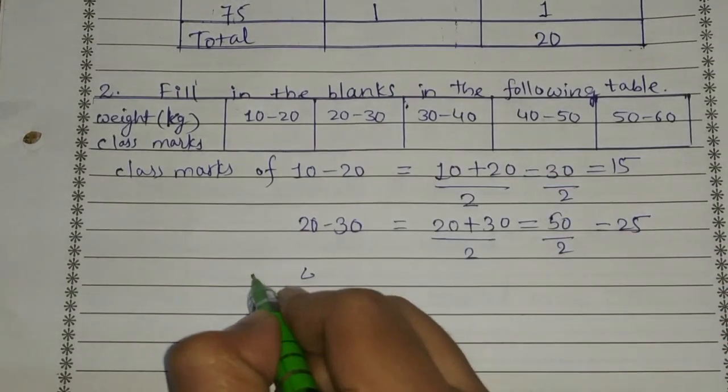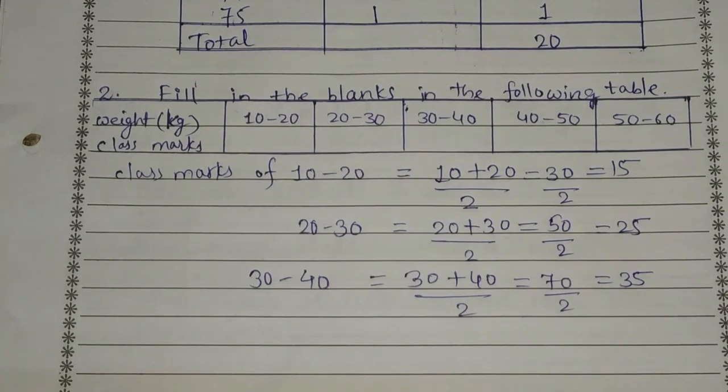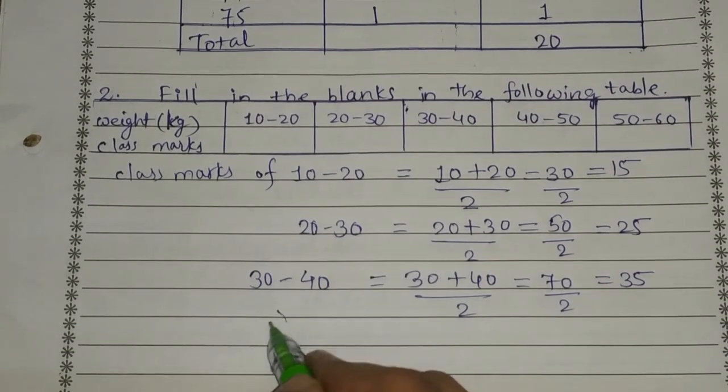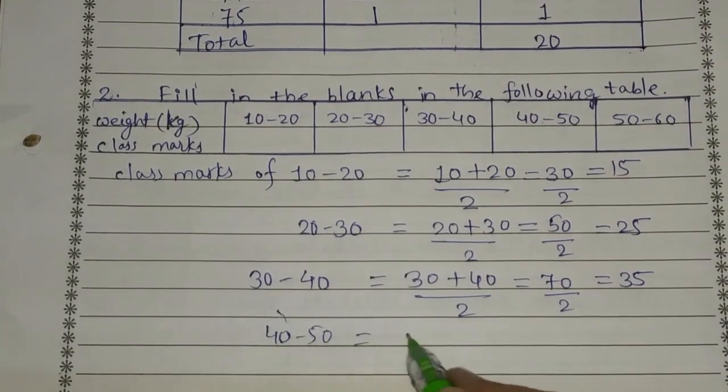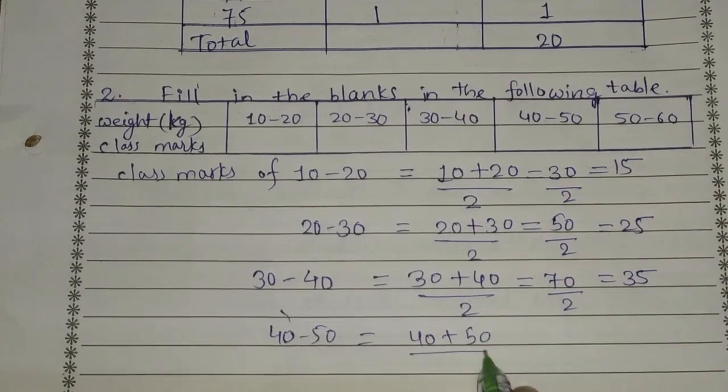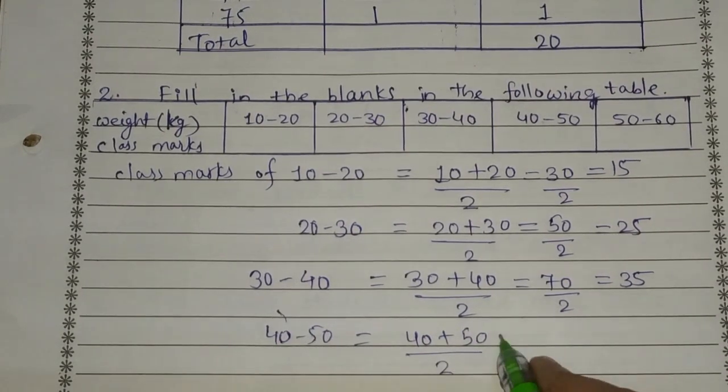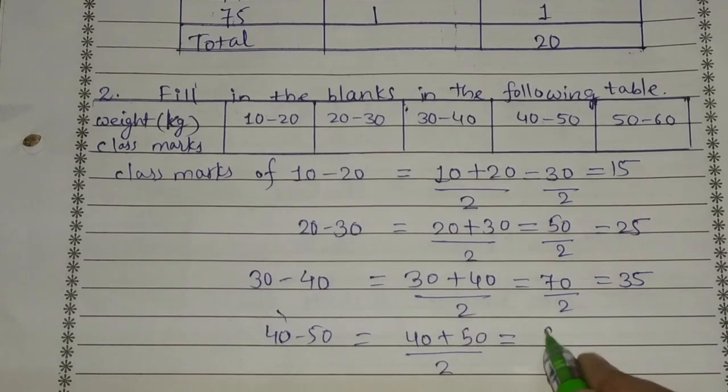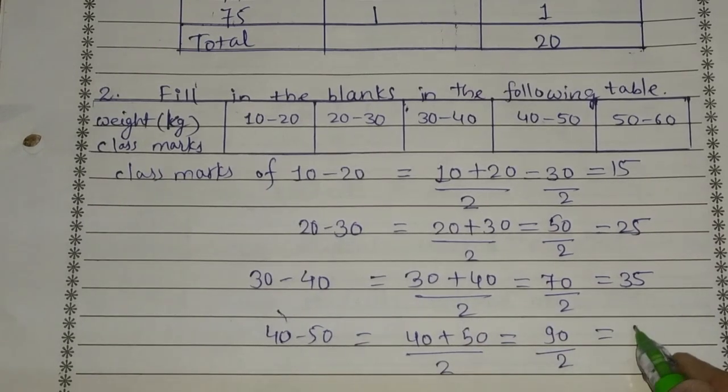Next we'll go for 30 to 40, then 40 to 50, where you get 40 plus 50. You have to take the lower limit and upper limit, and then divide by 2 in order to get the middle, that is the class mark.